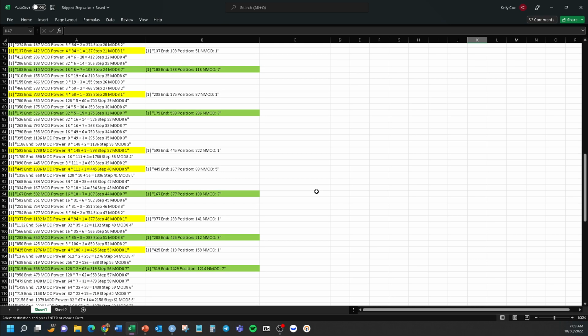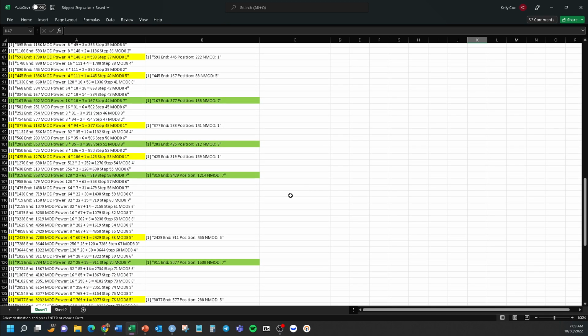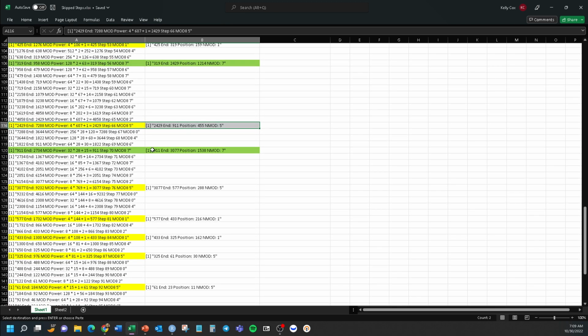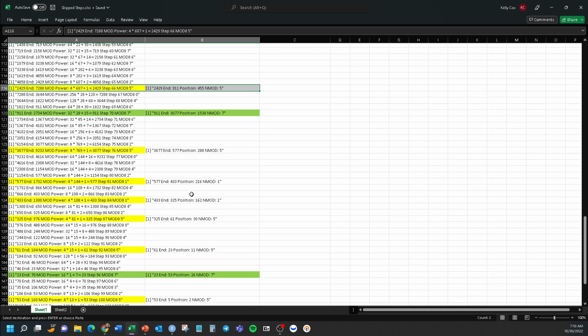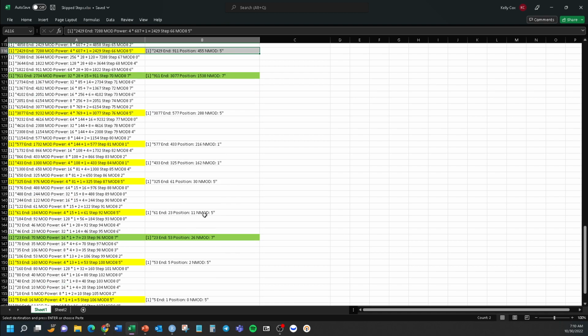Here we have a 1 mod 5 number, so I'm skipping 3 even numbers, but I can skip all those even numbers. Anytime I have a 7 mod, I'm going to skip to the last one, to the mod 4. So I never have to touch these others.